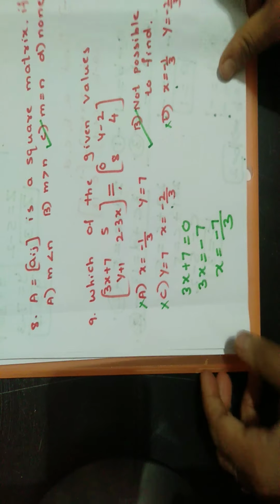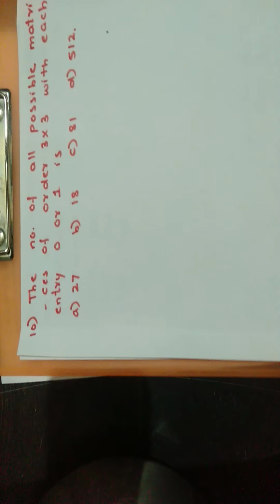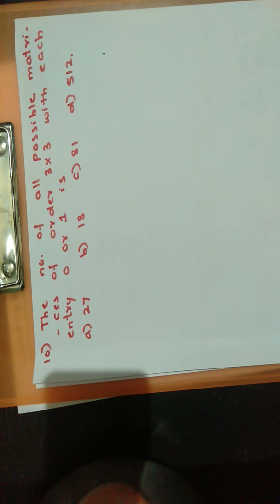Okay. Next, the last question. This is very important for examination purposes and also a CET question. The number of all possible matrices of order 3 cross 3 with each entry 0 or 1.